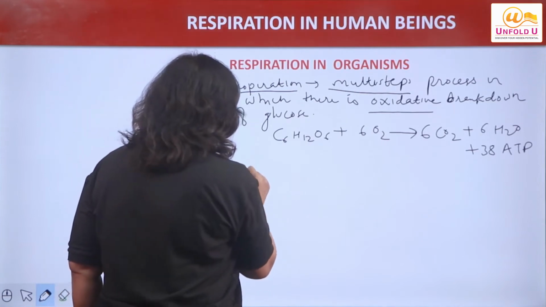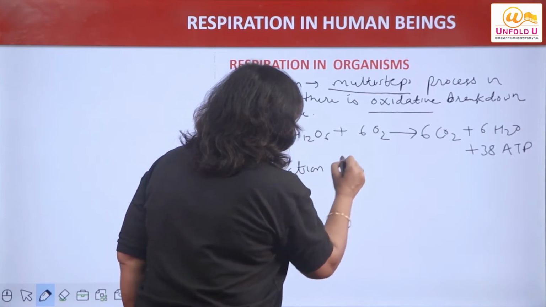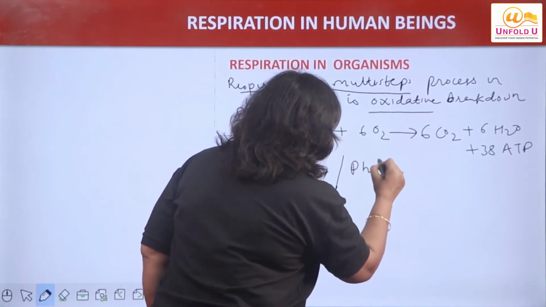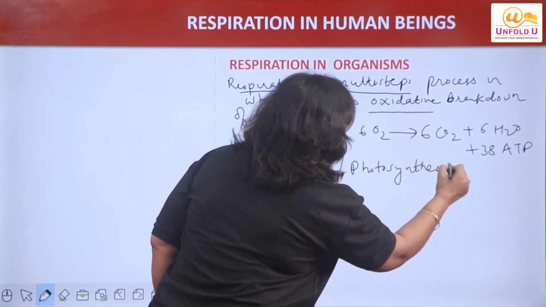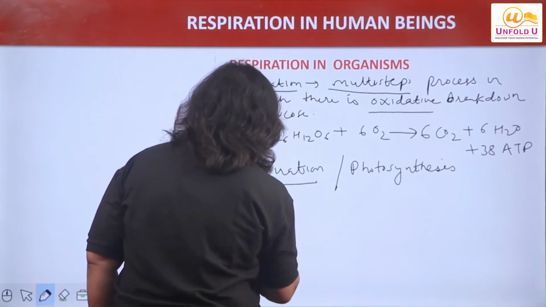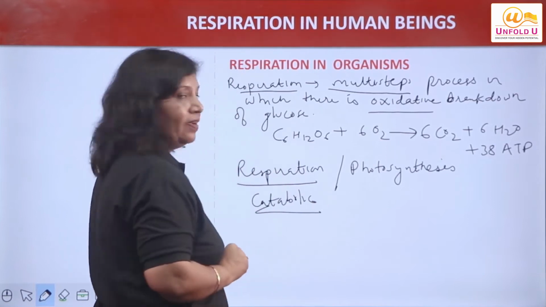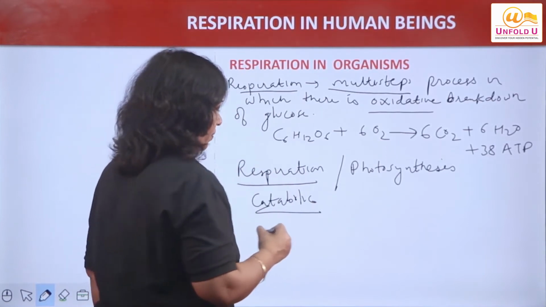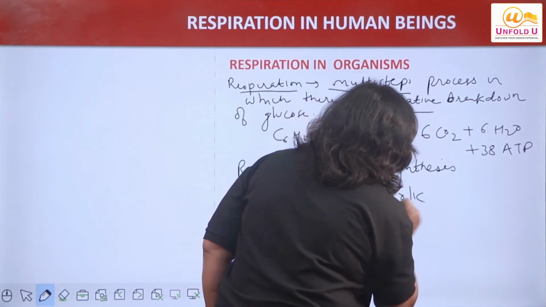Now, let us compare the two processes: respiration and photosynthesis. Photosynthesis we discussed in the previous video. Respiration is a catabolic process, as you can see there is a breakdown of glucose. Photosynthesis, as you have seen earlier, is anabolic.